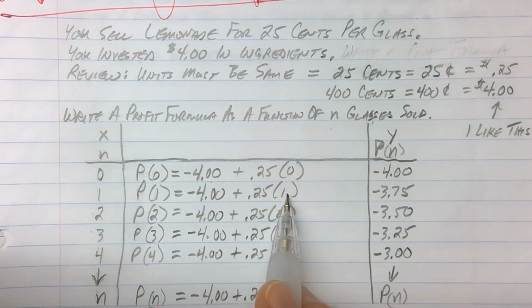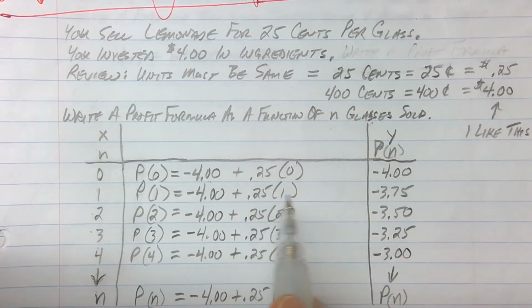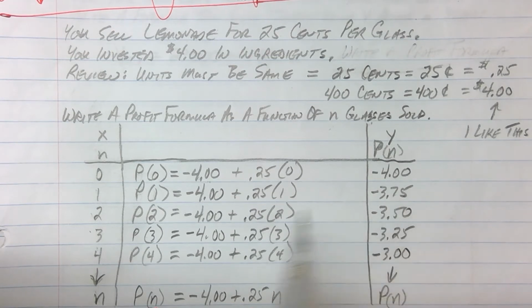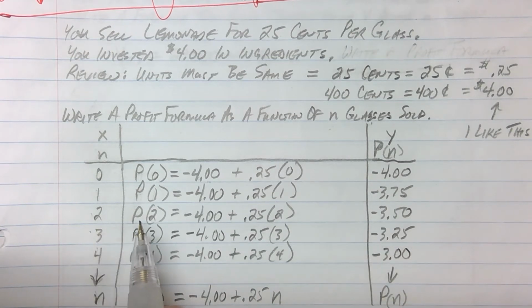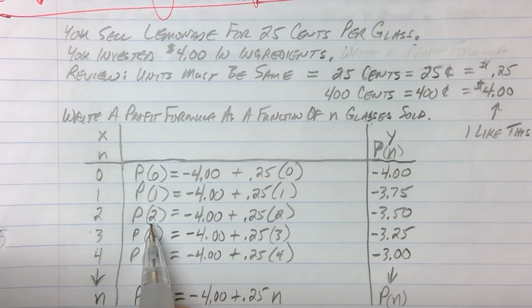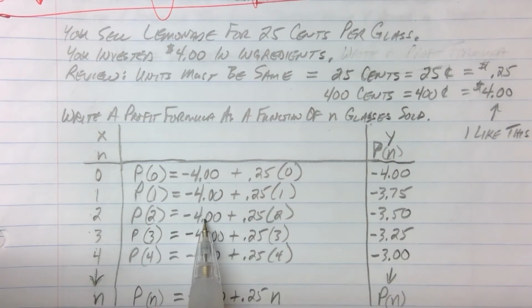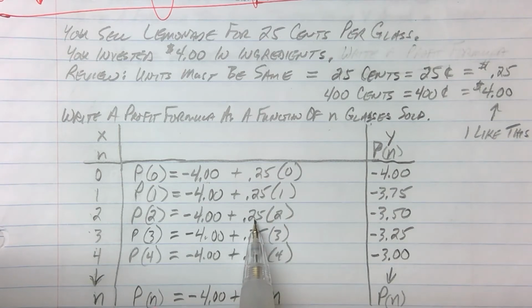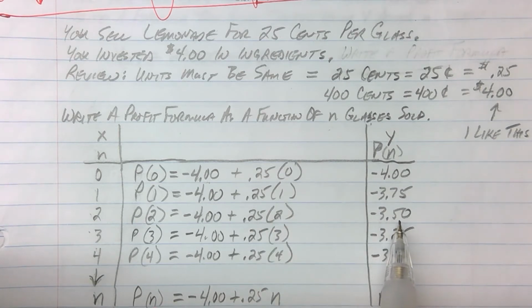I sold 1 glass of lemonade. So now I'm only down $3.75. All right, I'm doing better. Let's sell 2 glasses of lemonade. What's my profit after selling 2 glasses of lemonade? Well, I started out $4 in the hole, but I got to put 2 quarters back in my pocket. So now I'm only $3.50 in the hole.